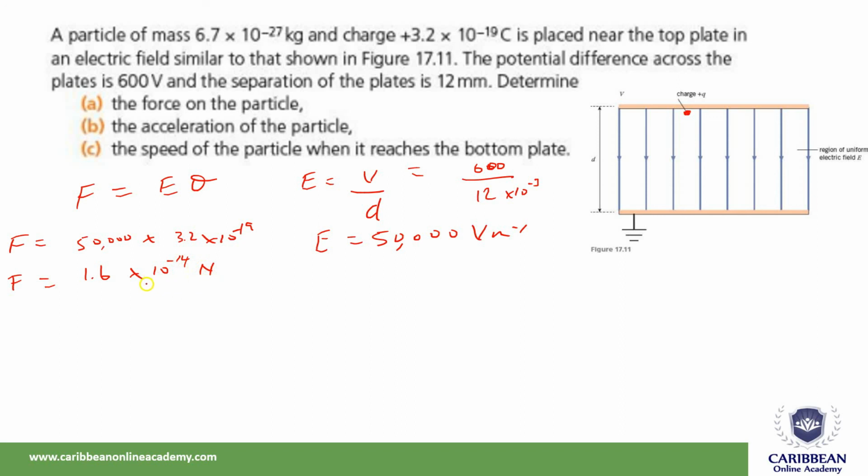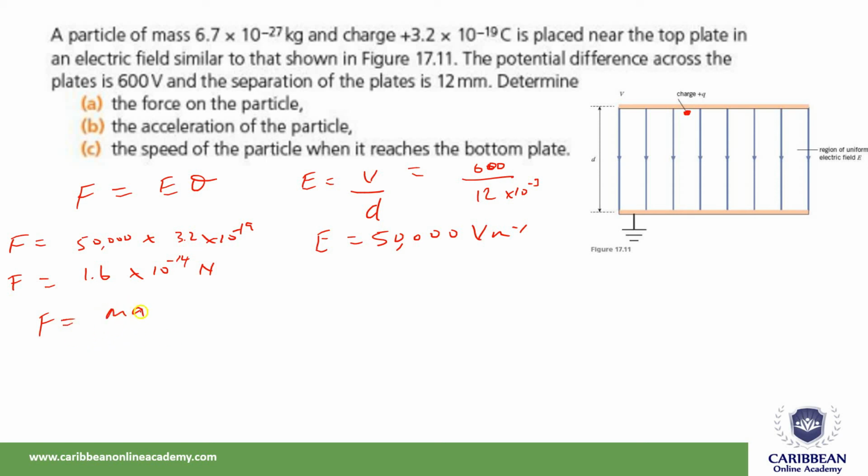Now, in regards to the acceleration, the system is accelerating, but not due to gravity. So you're going to use the equation that force is equal to mass times acceleration.